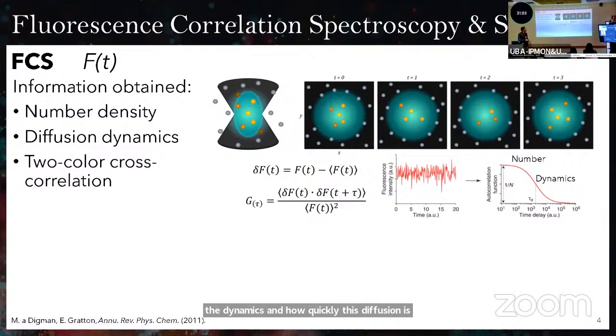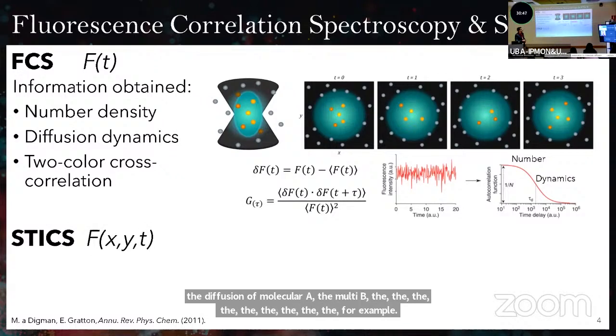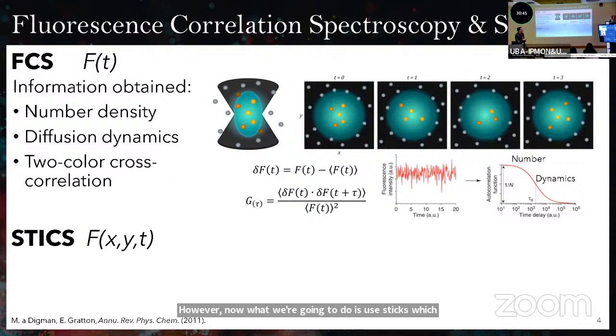We can also, as was mentioned this morning, do two-color correlation, and then we can see the diffusion of the molecule A, the molecule B, the heterodimer, for example. However, now what we're going to do is use STICS, which is a correlation on the fluorescence, but in terms of space, so in x, y, and time.